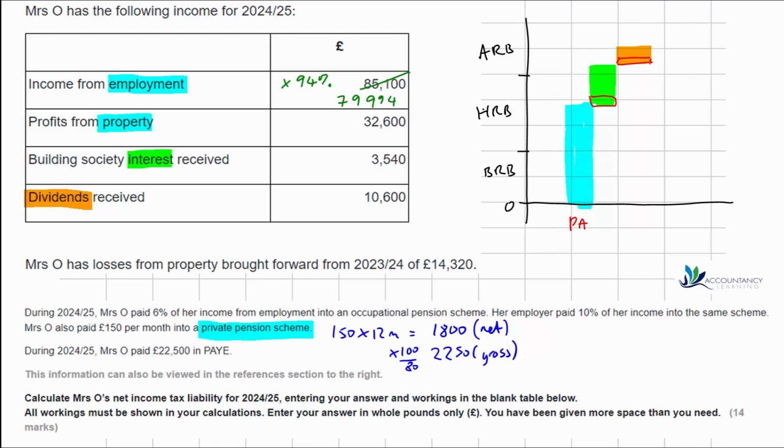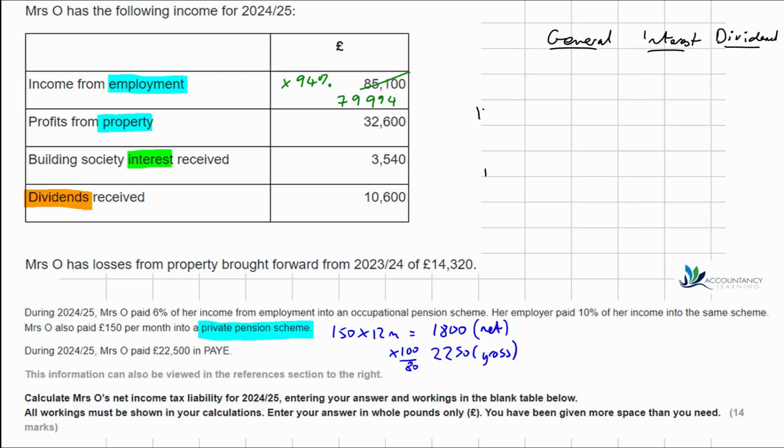But that allowance does use up some of the bands. So it's quite useful to separate these different types of income just to see how much is actually there. So it could be useful in your workings just to separate all these different types of income.